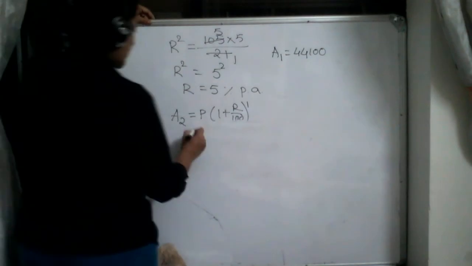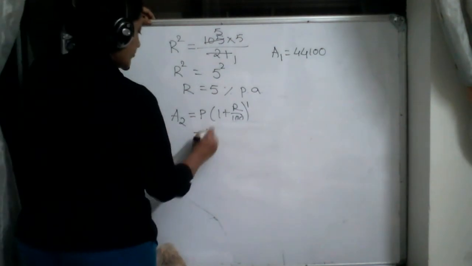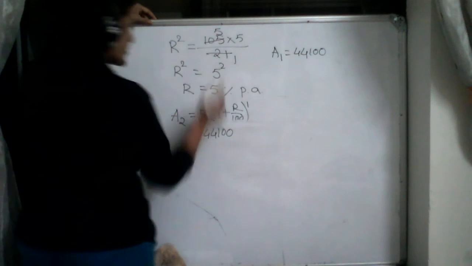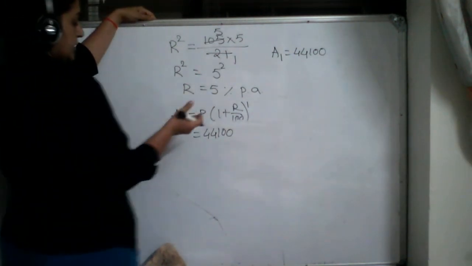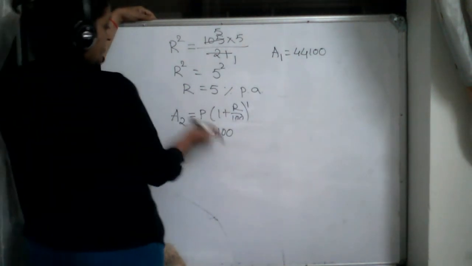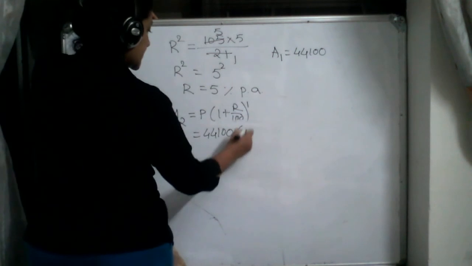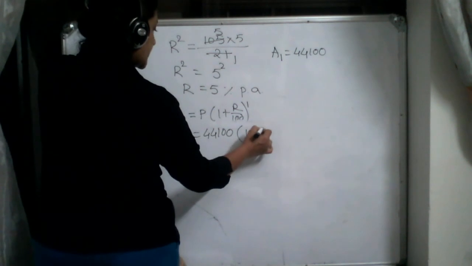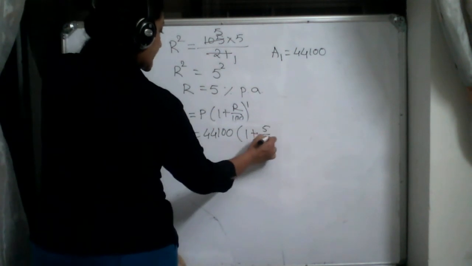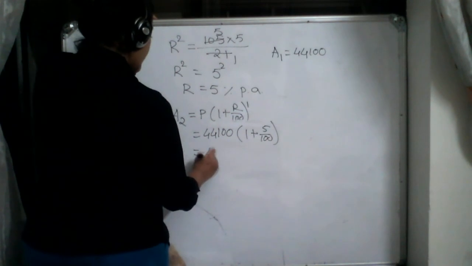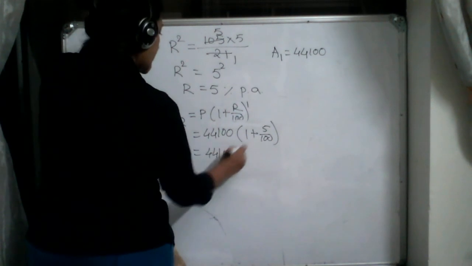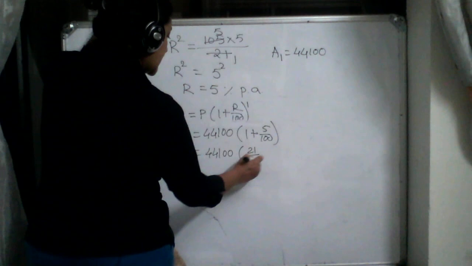Now A2, what will be this? 441 double 0, because the amount of the earlier year can be taken as the principal for the next one. It is as good as a simple interest, 5 by 100. So this you will get as 441 double 0 into bracket 21 upon 20.